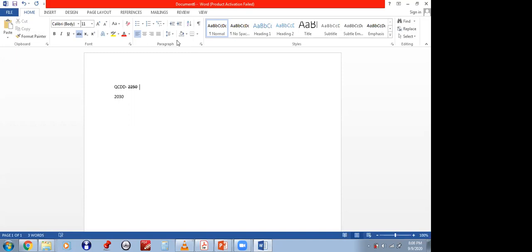So the minimum as per IBC is 102 mm. Okay. 150 is the standard. And then you have maximum. You have minimum and maximum. So the maximum as per IBC is 178.